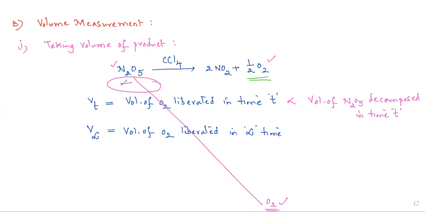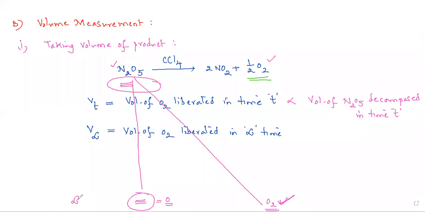Because this whole thing will react and will liberate the maximum volume of oxygen, and as far as this is concerned, you will be left with nothing, zero, because this is after infinite time.